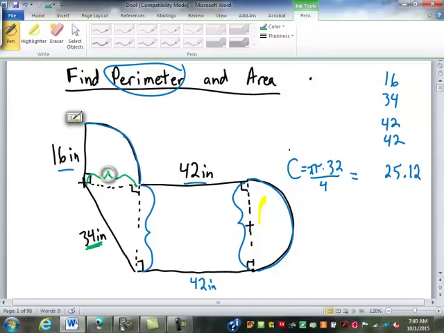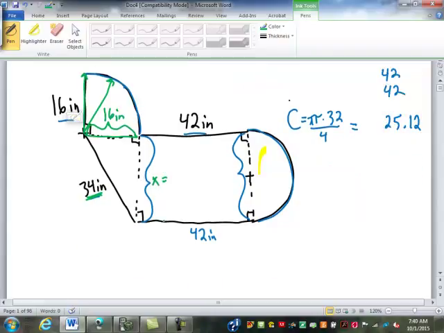Do we know this side? Yeah, we do. It has to be 16 inches because it is also a radius of that quarter circle. So 16 inches is that length. So now to find this length, I'll call that x for now. It's just 34 squared minus the 16 squared is going to give us that x squared.